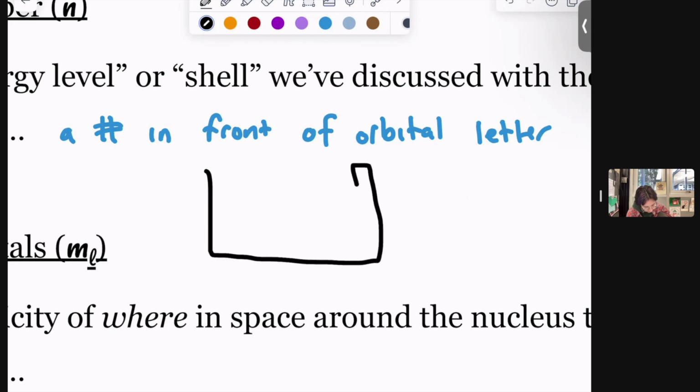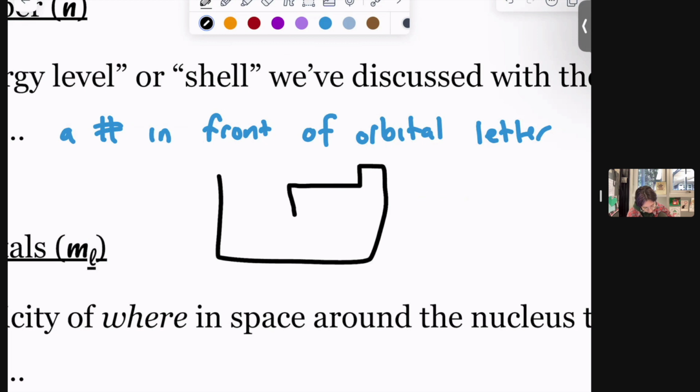I'll show this again later, but just to give a poorly drawn little periodic table here, pretend that... I'm making it worse. It's worse than when I started. That's fine. Just to demonstrate, our first row, our first period, would be n equals 1.